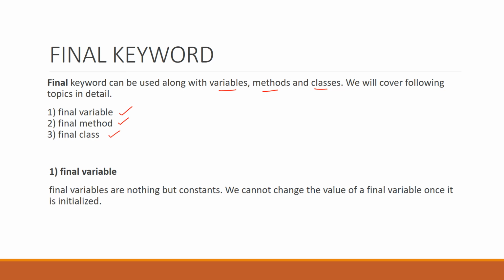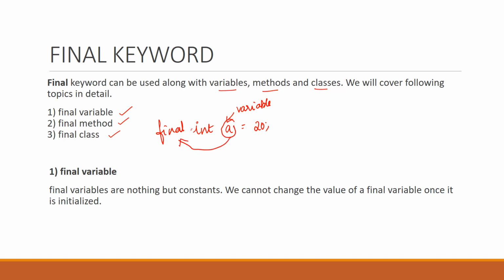So what is a variable first of all? Integer a is equal to 20. So here a is a variable, correct? If you declare this as final now, then this a is declared as a final variable.